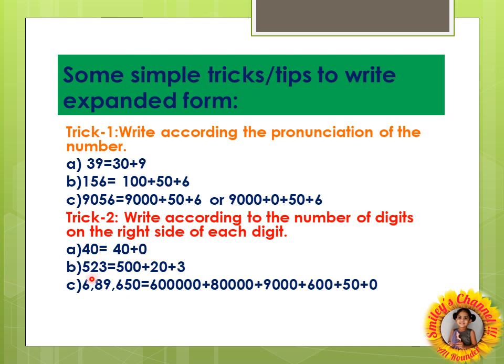Here 523, children. 523. So the highest place value is 5. First you write 5. After 5 how many numbers you have? 2 numbers. So you are going to put 2 zeros. Write 2 zeros next to 5, plus 5 is over.